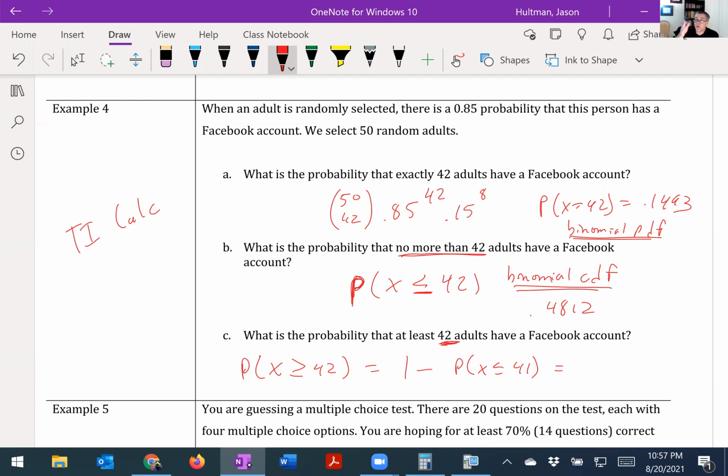Remember, they come in whole items, right? So there's no 40.5 or 40.75, or 41.25. It's 42 and then 41. Well, what's less than 42? 41. We want everything up to and including 41. Don't go to 42 or you'll make a mistake. So this is 1 minus probability X is less than or equal to 41.